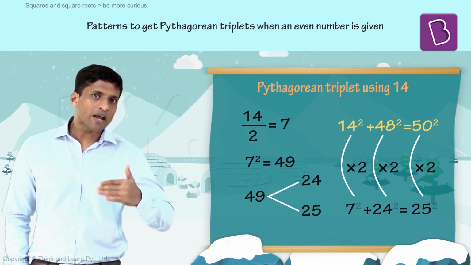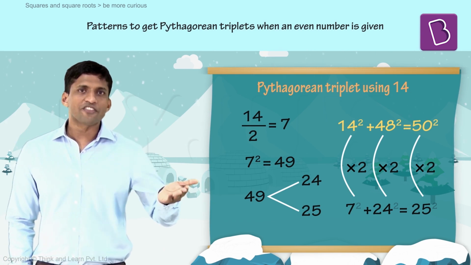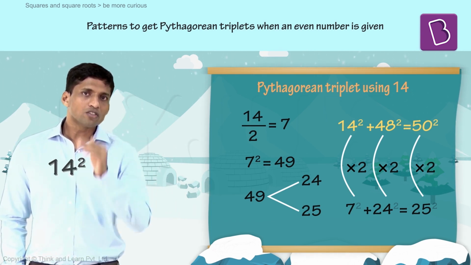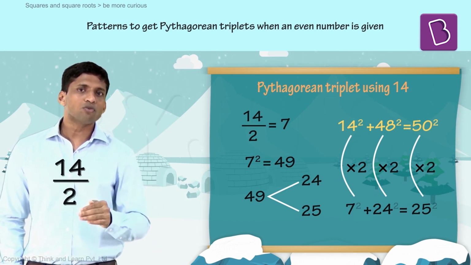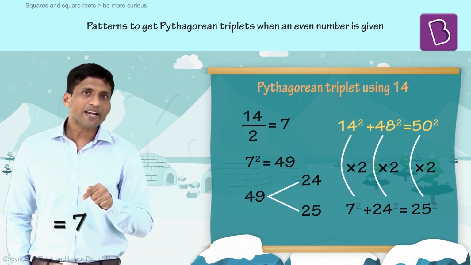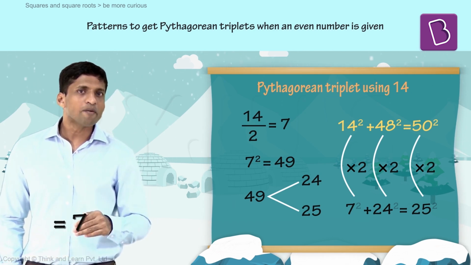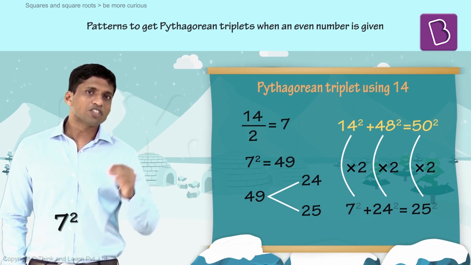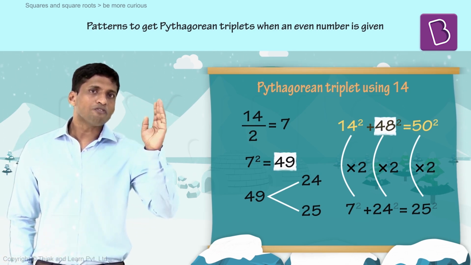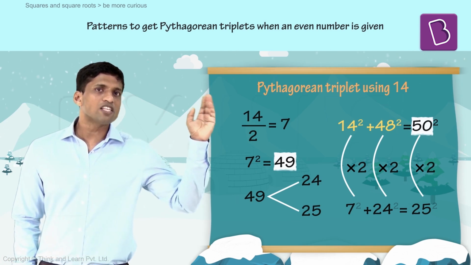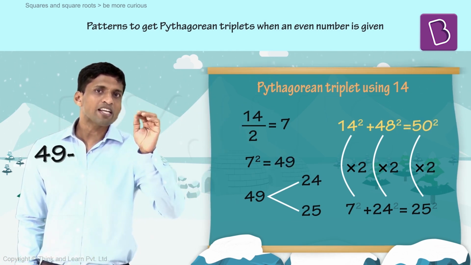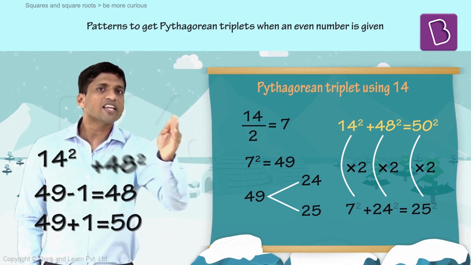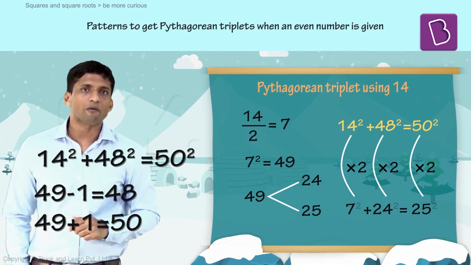Another approach, one more shortcut on top of this: for 14, you divide by 2 and get the odd factor 7. Then you just take 7 square, which is 49. The number 48 is 1 less than that, and 50 is 1 more. So 49 minus 1 is 48, 49 plus 1 is 50. So 14, 48 and 50 will complete a Pythagorean triplet.